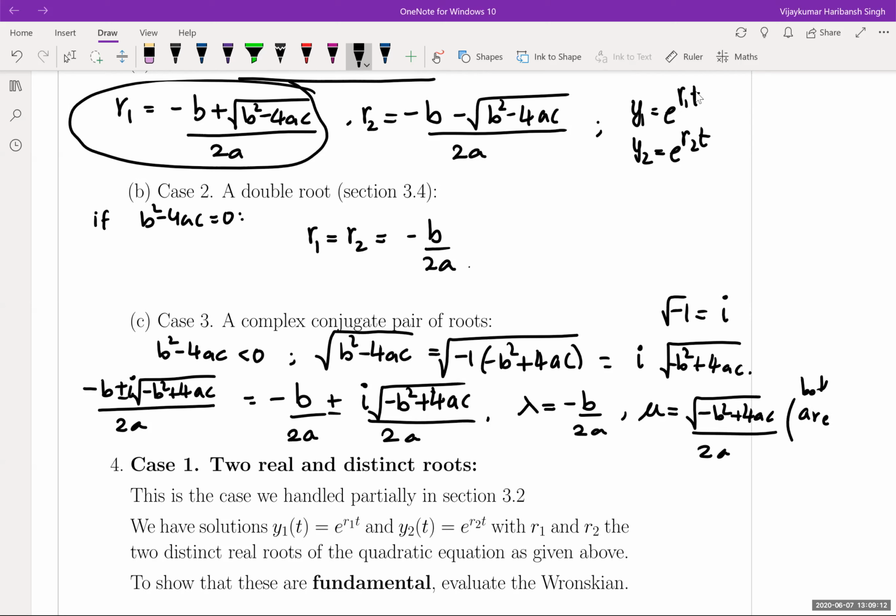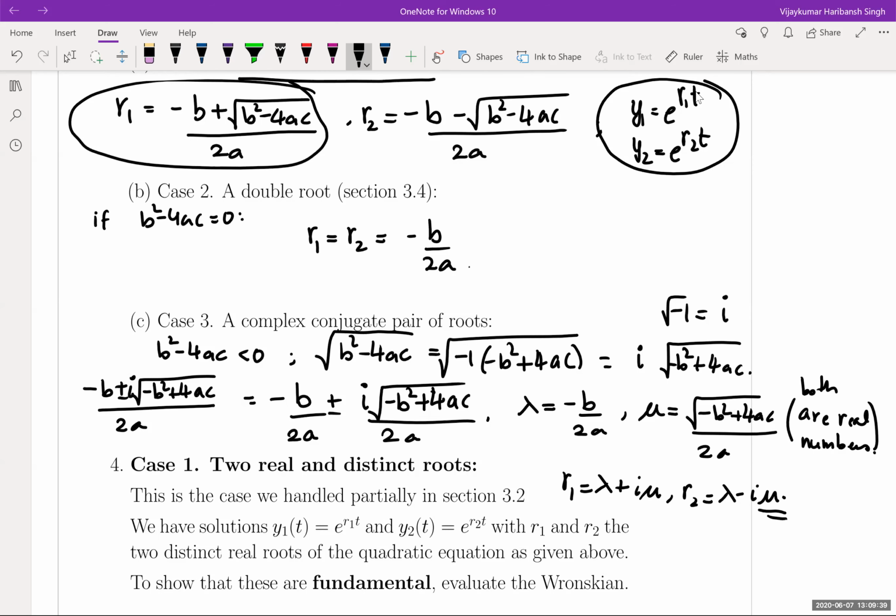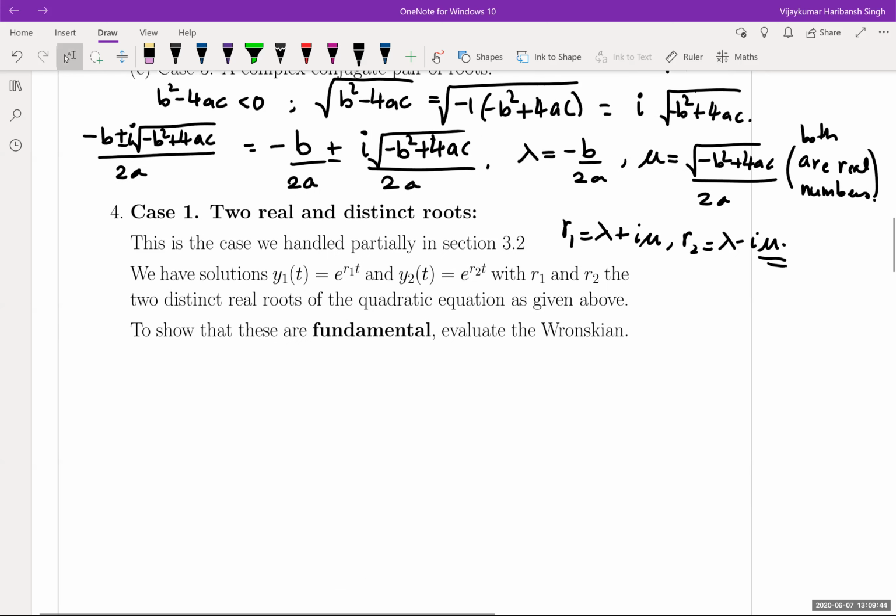Both are real numbers. And you get r1 equals lambda plus i mu, and r2 equals lambda minus i mu. We'll see how the solution looks when we put this back into the solution. So let's deal with these cases one by one.